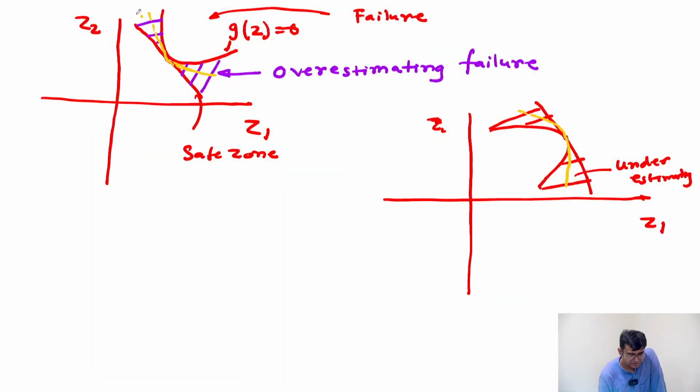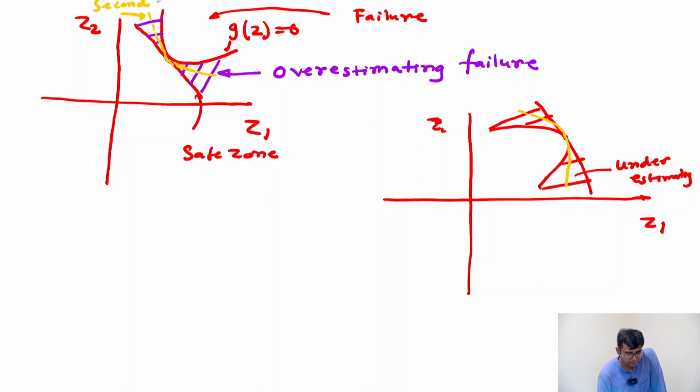It is still an approximation, but you can understand that the error will reduce. So that is basically the motivation for going from the first order reliability method to the second order reliability method. Okay. So this is my second order approximation.